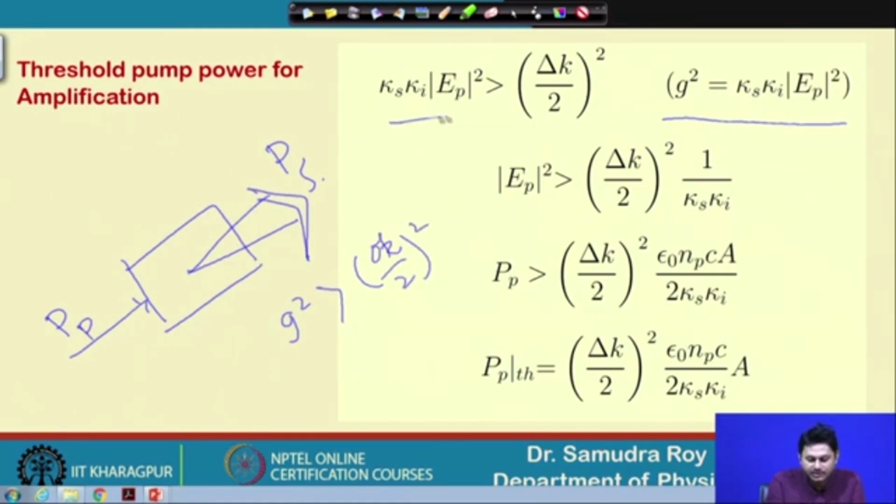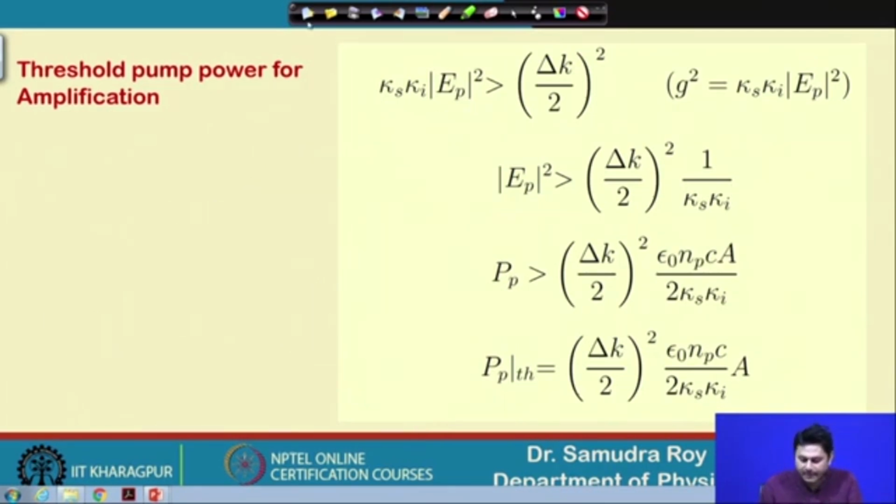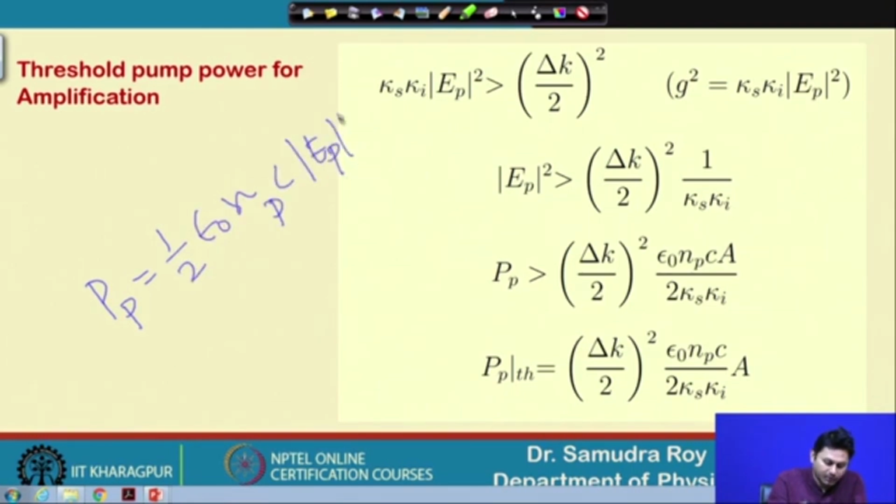So, after putting this condition here, we can see that E p has to be greater than this quantity, and P p, which is related to E p by our normal expression, P p is equal to half epsilon 0 N p c mod of E p square A. I just replace E p in terms of P p, and we will have another term here.